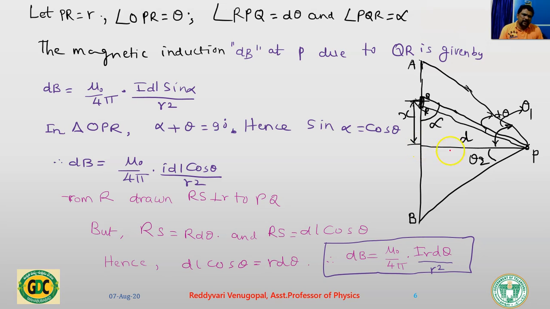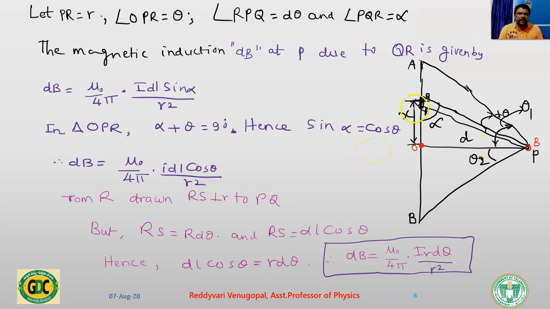In this diagram, just observe, this AB is the current carrying wire, and this is the center of the wire, which we are calling O. We want to find out the magnetic field induction B at point P, which is at a distance d from the center of the wire.